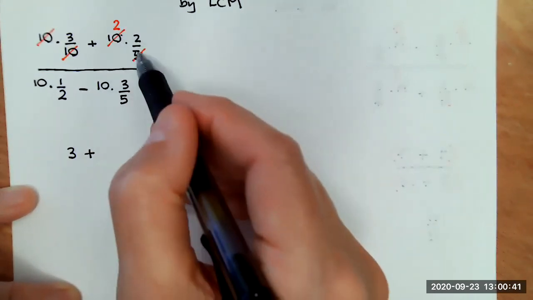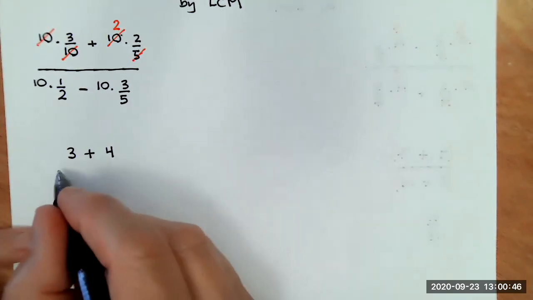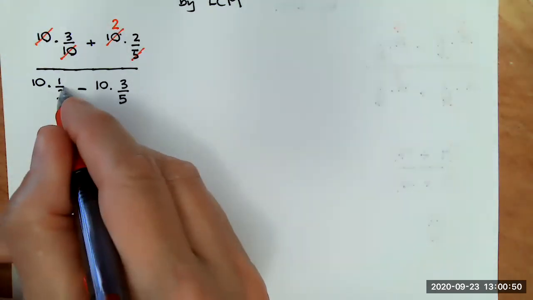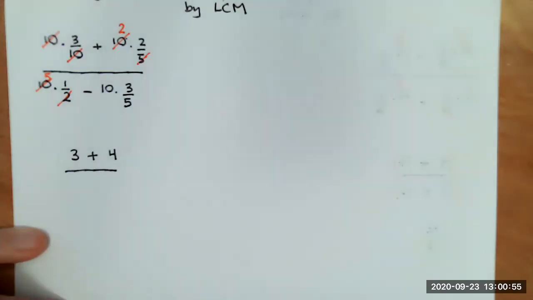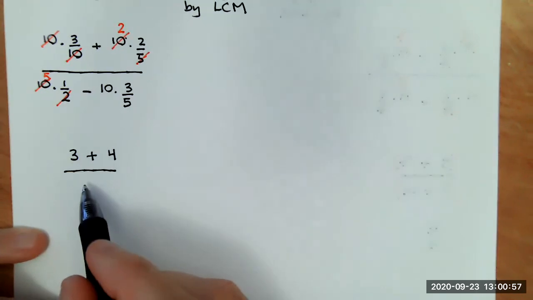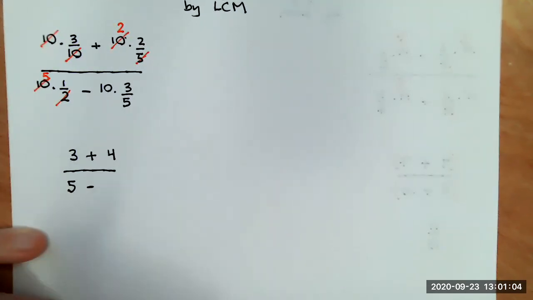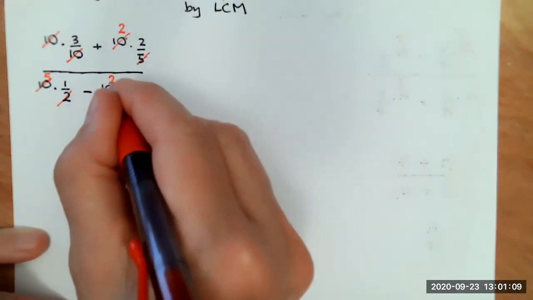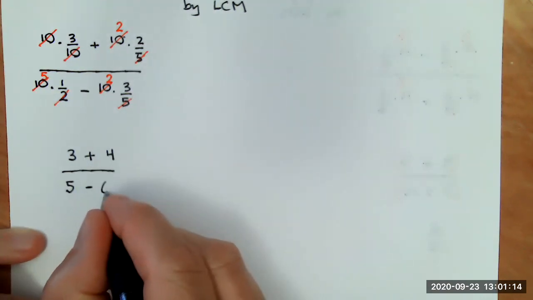We have 2 times 2, which is 4. 2 goes into 10 5 times. 5 times 1 is 5. Then we bring down the minus. 5 goes into 10 2 times. 2 times 3 is 6.